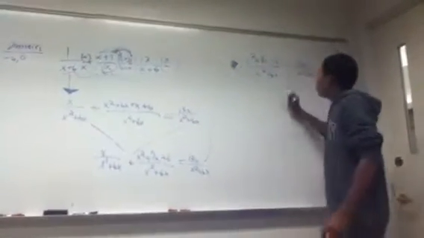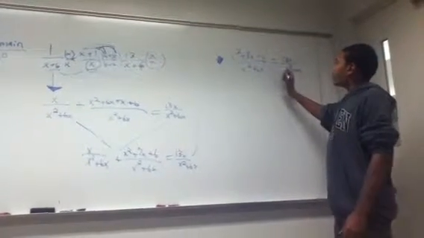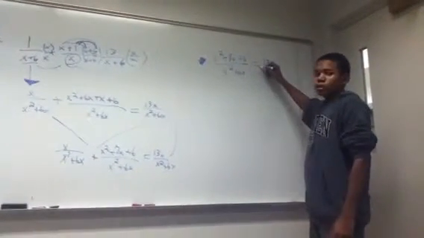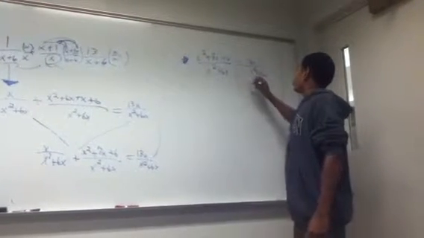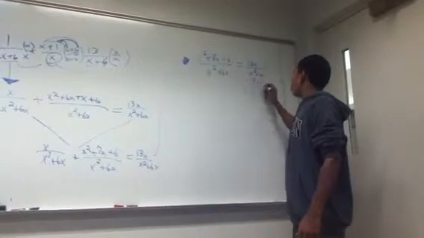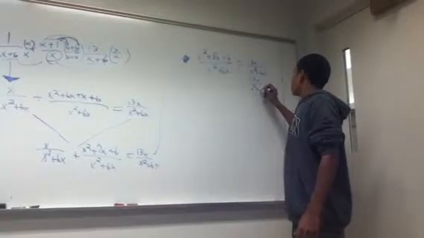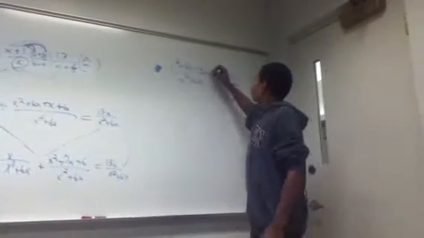So, since these two have like denominators, we can subtract 13x over x squared plus 6x from both sides.